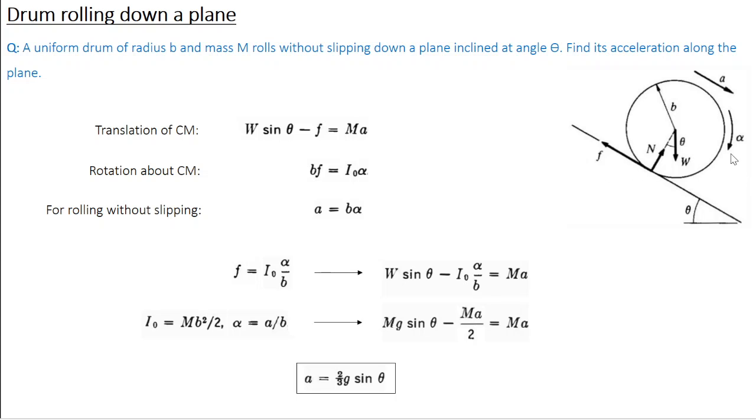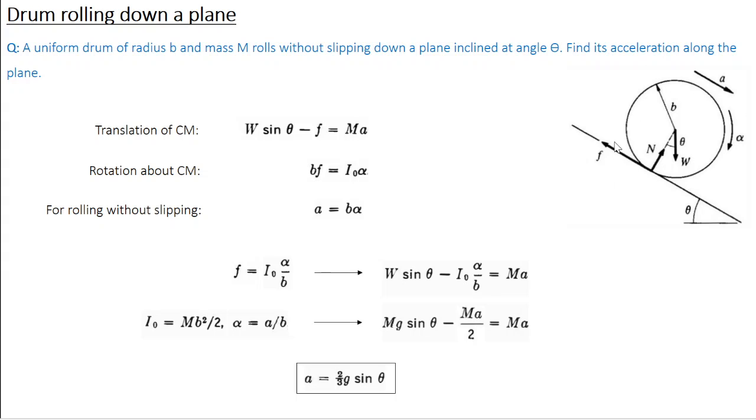So alpha is the angular acceleration, which is the rotational part, and a is the linear acceleration, which is the translation part. And what are the various forces acting on the system? There is always weight W acting vertically downwards.